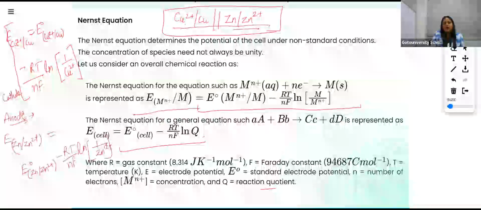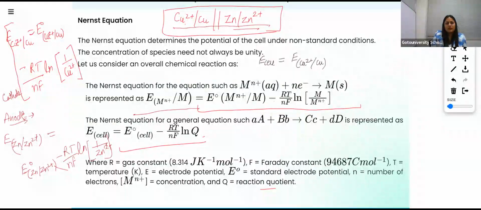Now we have to solve these two equations. How are we going to solve them? By using this formula. E cell equals the difference of the two equations we have written: cathode minus anode, reduction minus oxidation.